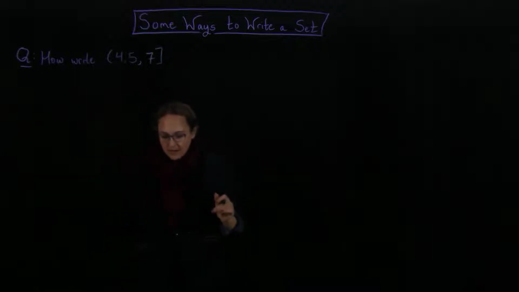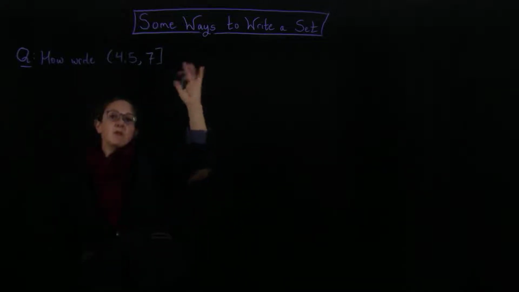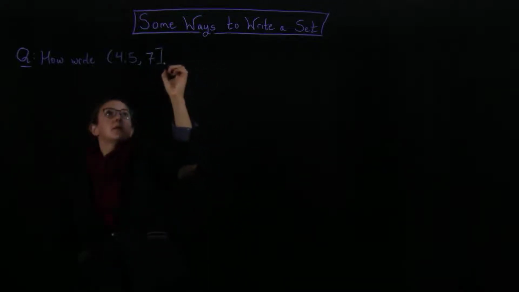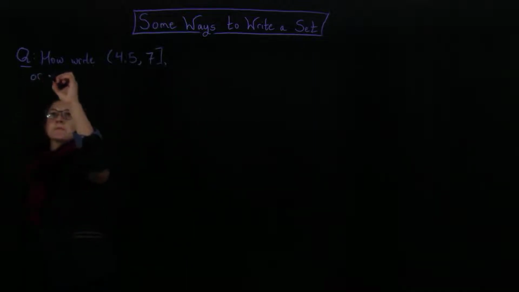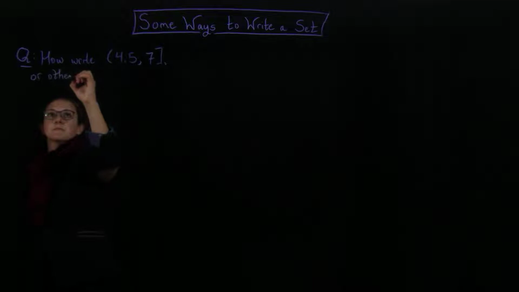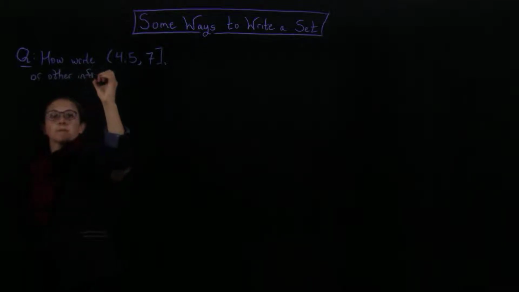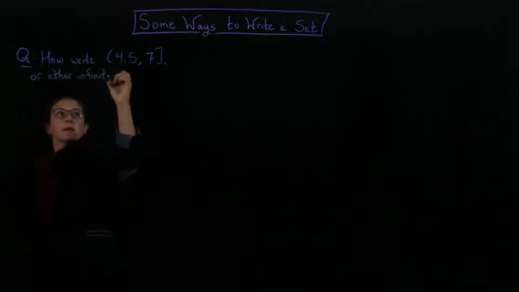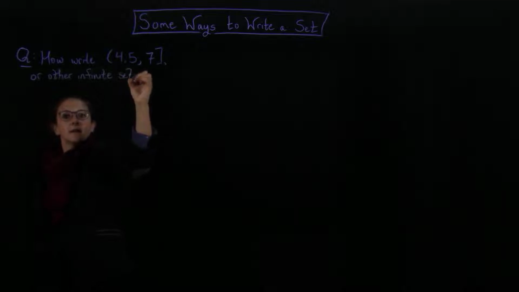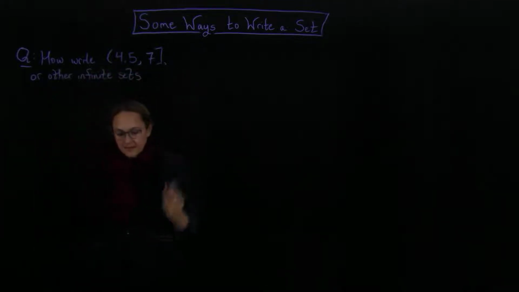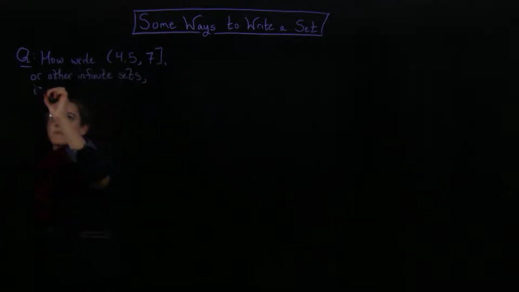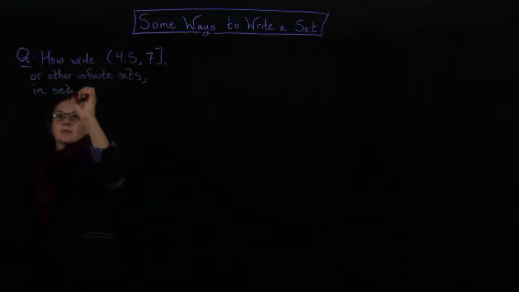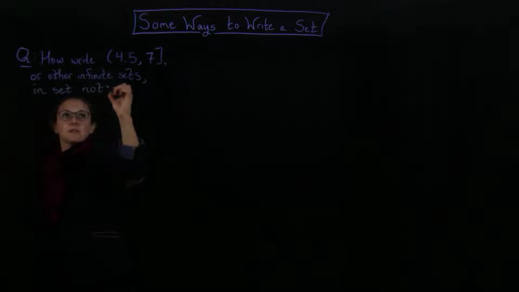So how do we write (4.5, 7], or other infinite sets for that matter, in set notation?